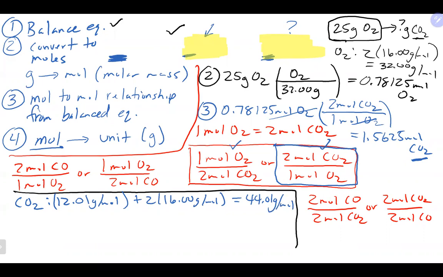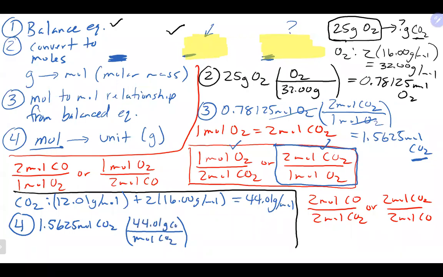So the last step here, which a lot of times you do need to do, which is the fourth step, we're going to take our moles of our product in this case. We're going to use the molar mass like we did in previous calculations. We want the moles to go away. So moles of CO2 on the bottom, the grams up on top from the periodic table.